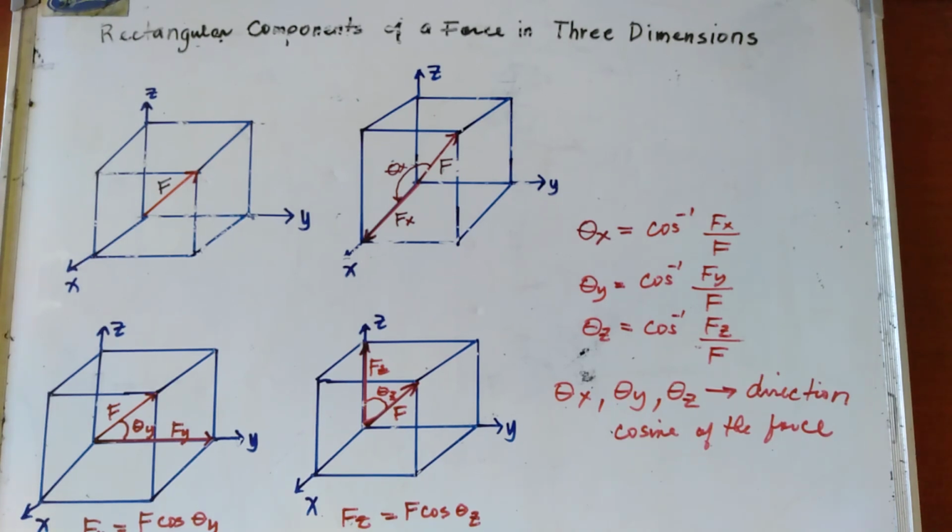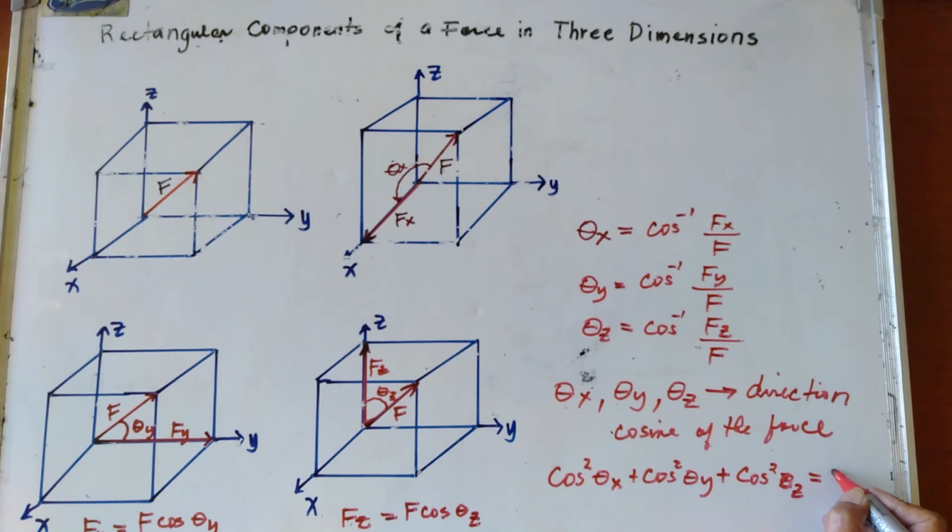Now, take note that the cosines of these angles must satisfy the equation cosine squared of theta x plus cosine squared of theta y plus cosine squared of theta z is equal to what?